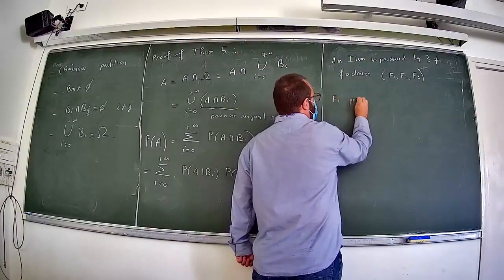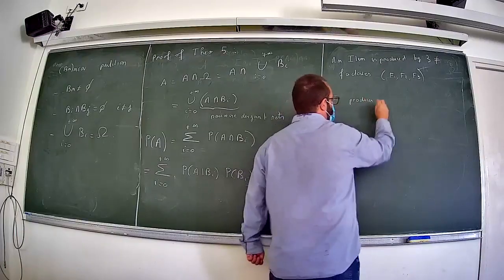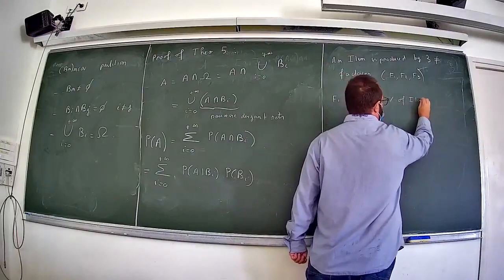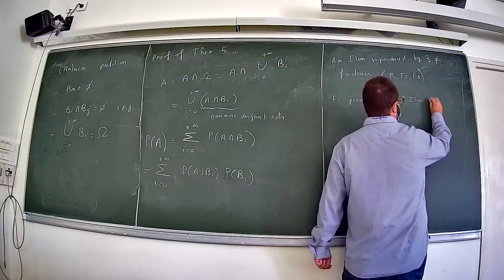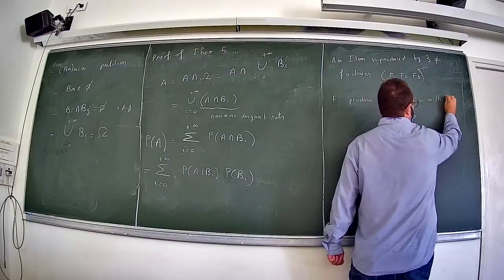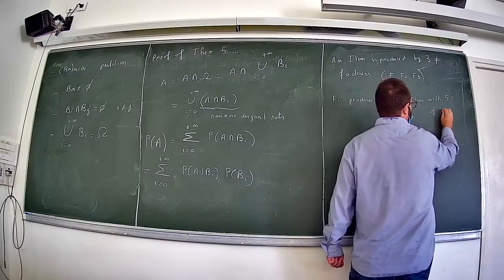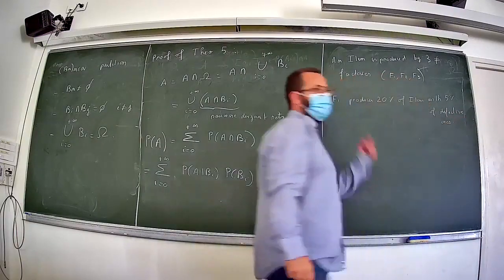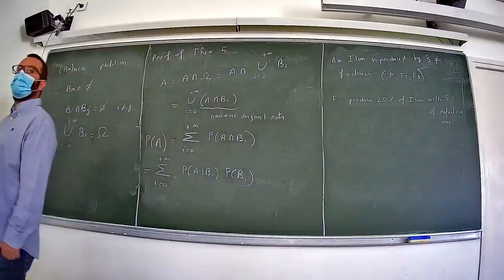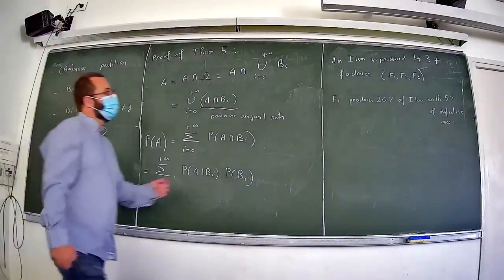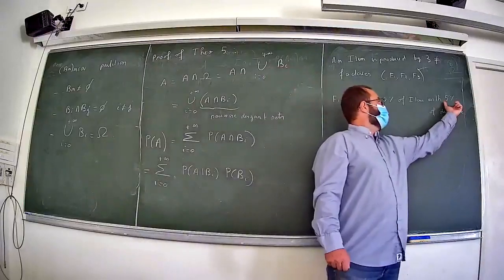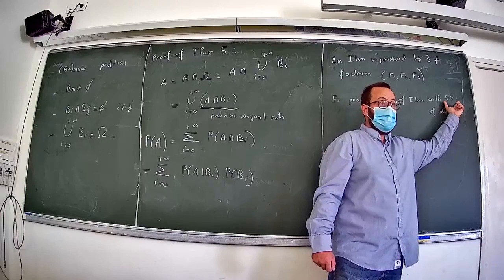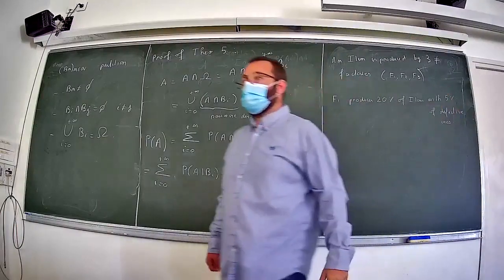F1 produces 20% of the items, with, let's say, 5% of defective ones. So F1 produces 20% of the total production of the item, and you know that 5% of them are defective. You have some defect on this item.